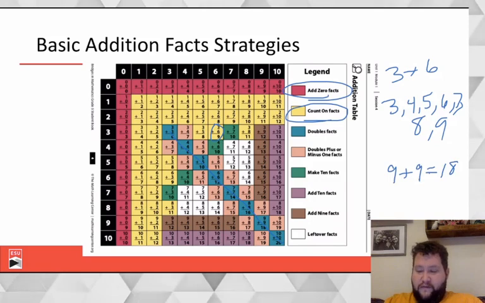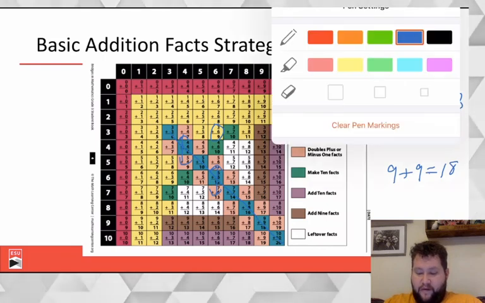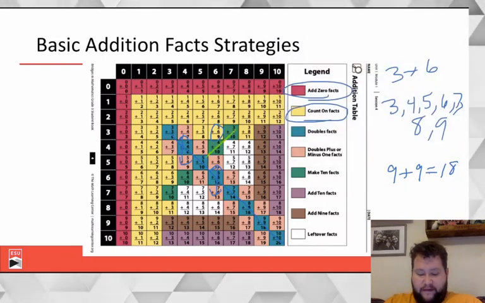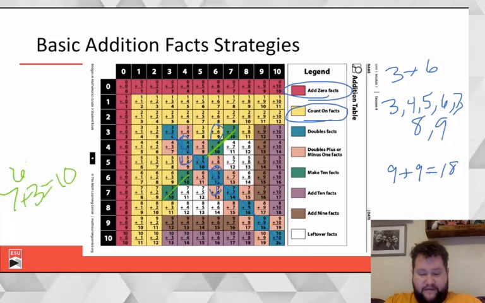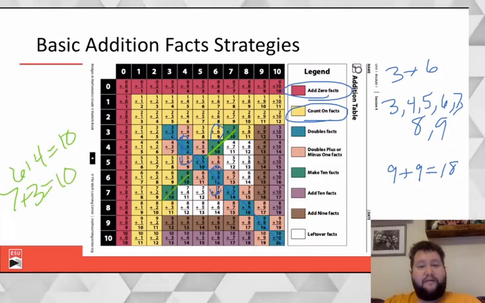And then once you know your doubles facts, you can do your doubles facts plus or minus 1, which just gives you those off diagonals. Make tens facts, and so I talked a little bit earlier about how we're going to want to be able to make 10 quickly, so knowing that 7 plus 3 is 10, 6 plus 4 is 10, and so on.